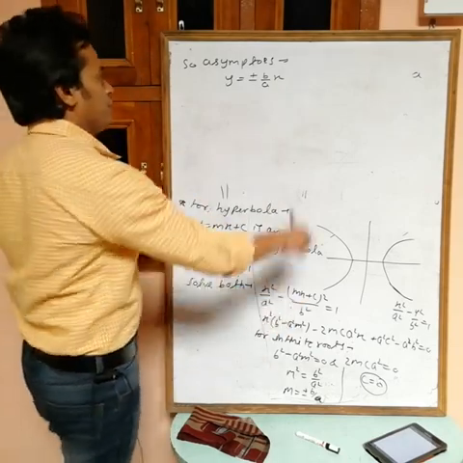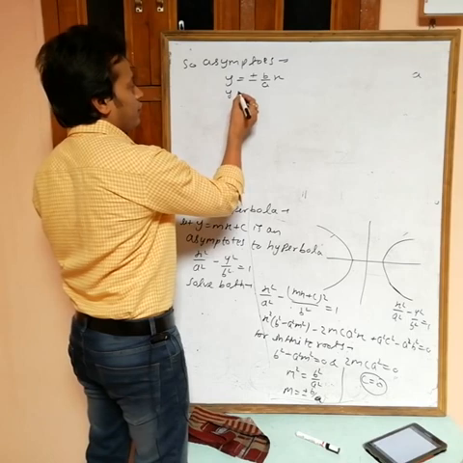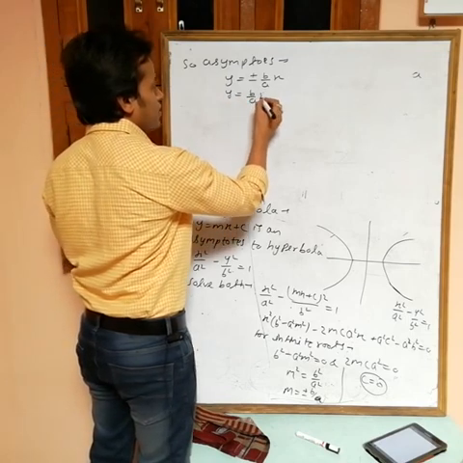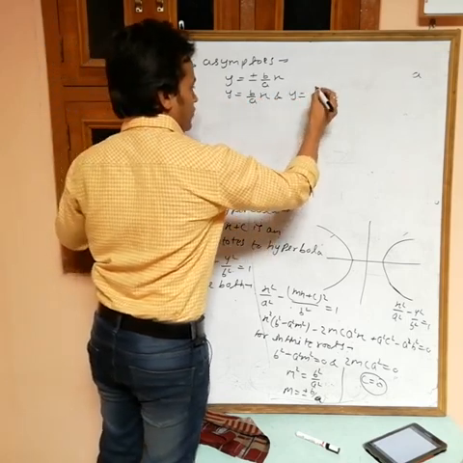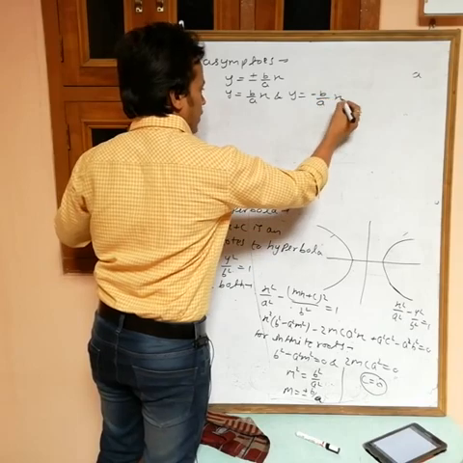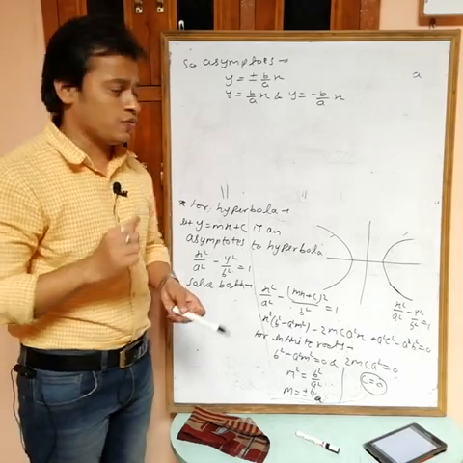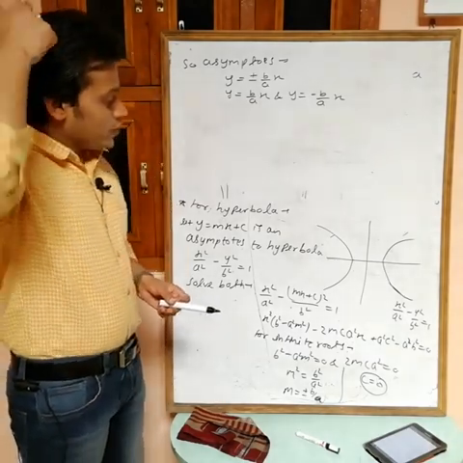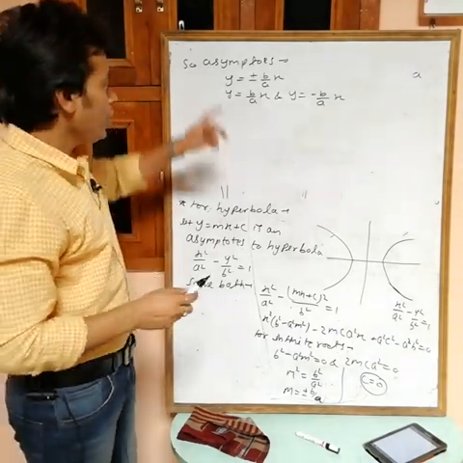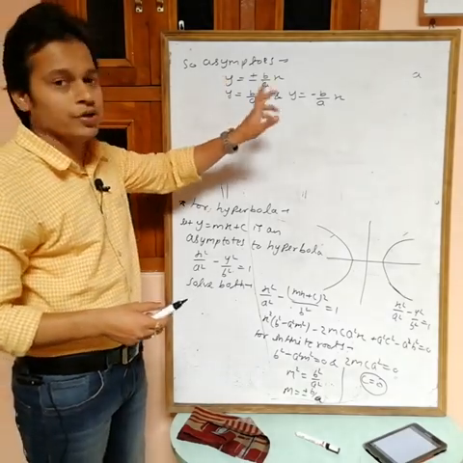So what we are getting? We are getting that y equals to b by a x and y equals to minus b by a x. These are the asymptotes for this hyperbola x square by a square minus y square by b square equals to 1, and both are passing through the origin.